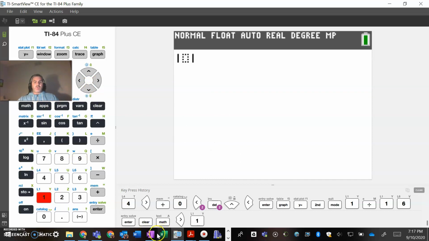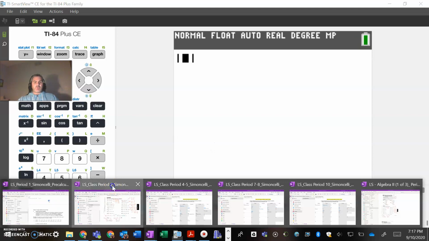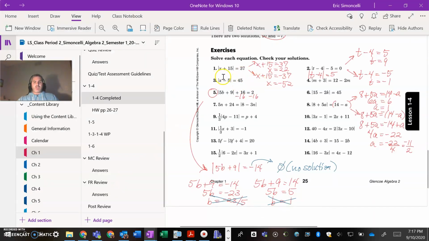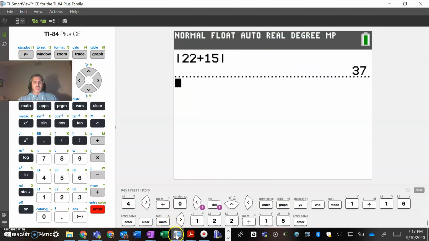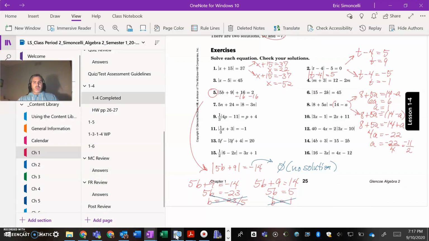For our purposes, I'm going to type in 22 plus 15 and take the absolute value, which shouldn't be a big surprise. Of course, it's 37. And then I'm also going to do negative 52 plus 15.